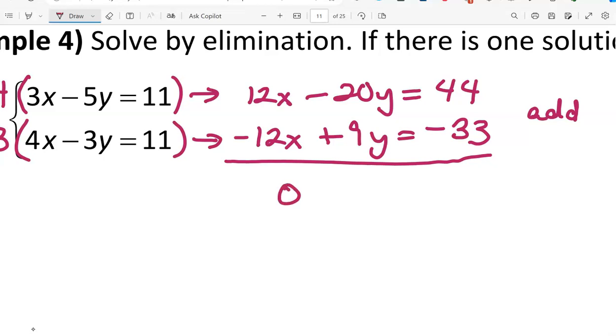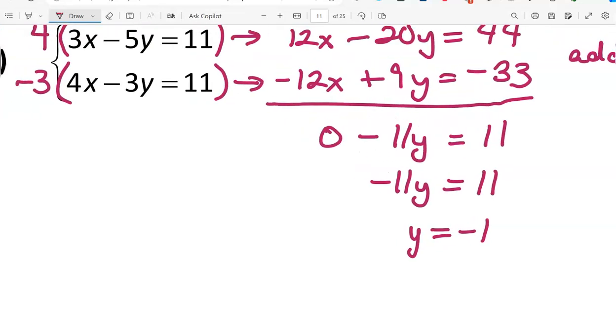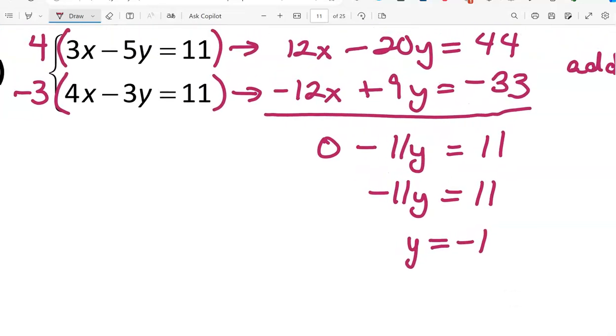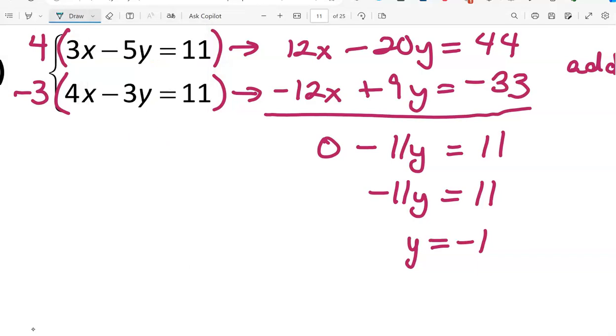So 0 minus 11y is equal to 11, or just -11y is equal to 11. Dividing by -11, y is -1. And now we can get the value of x by substituting into either of the 2 equations. So let's just pick, for instance, this first equation.